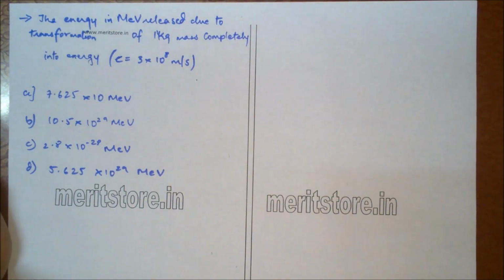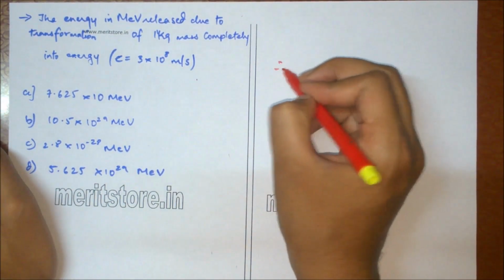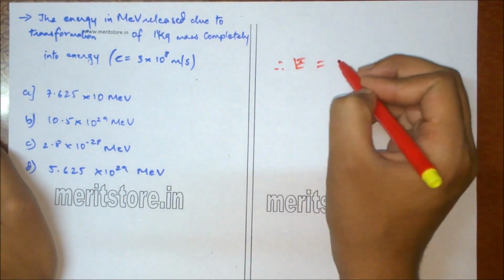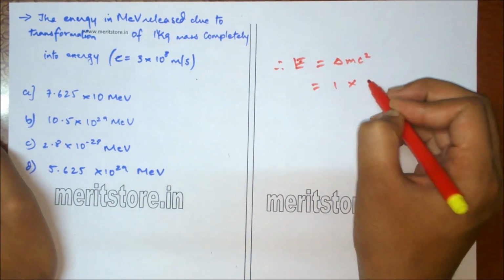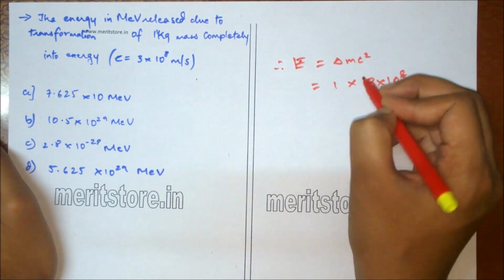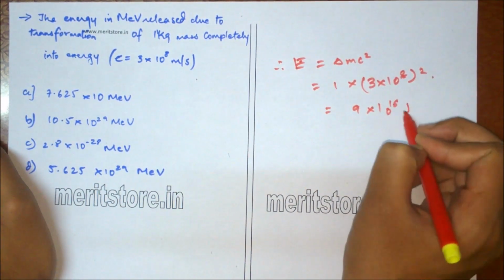The energy in mega electron volt released due to transformation of 1 kg mass completely into energy is, where speed of light is given. So energy can be written as delta m c square. The mass is 1 kg and c is 3 into 10 raised to 8, the whole square. We get 9 into 10 raised to 16 joules.